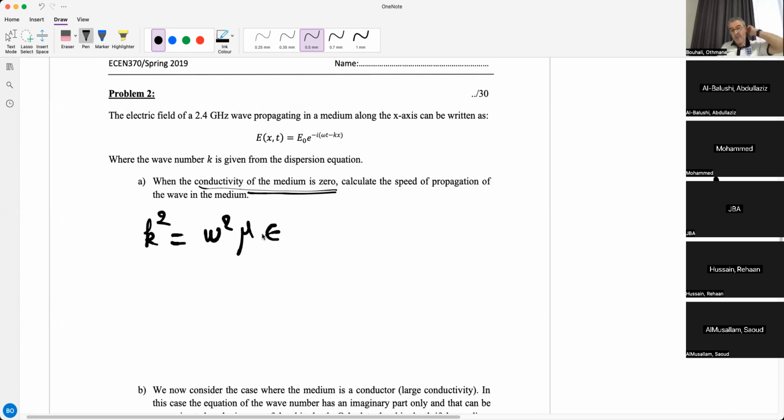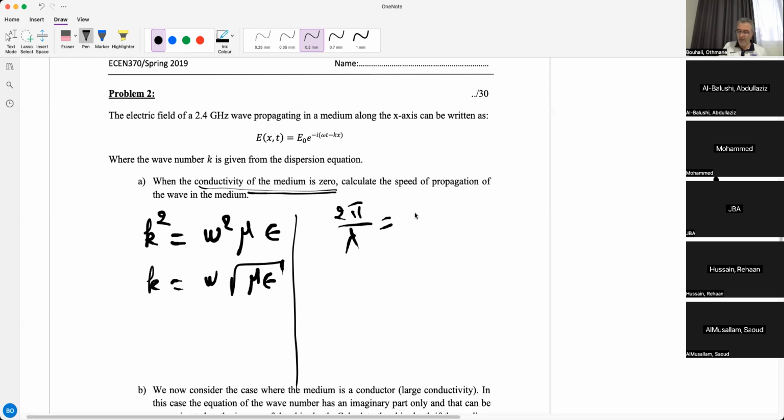This means that k is equal to omega times the square root of mu epsilon. Now, as we did in class, 2 pi over lambda, which is k, is equal to 2 pi f times the square root of mu epsilon.